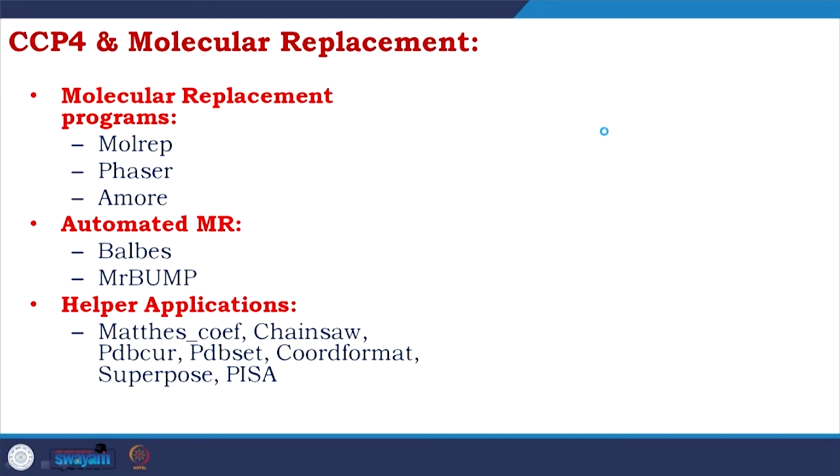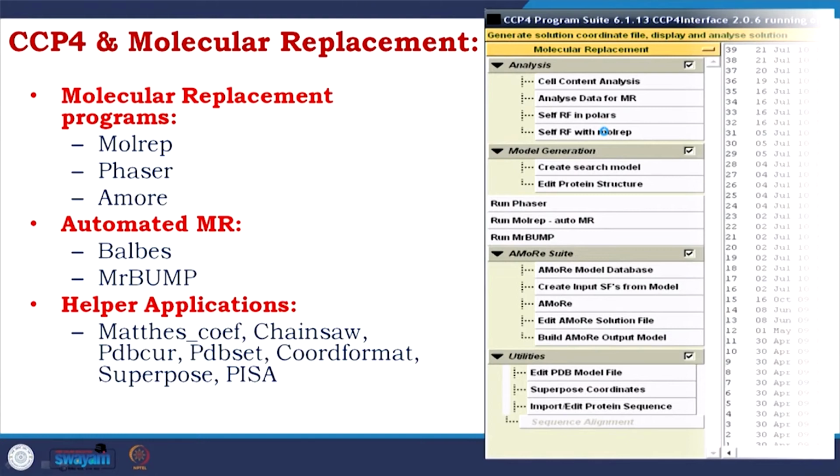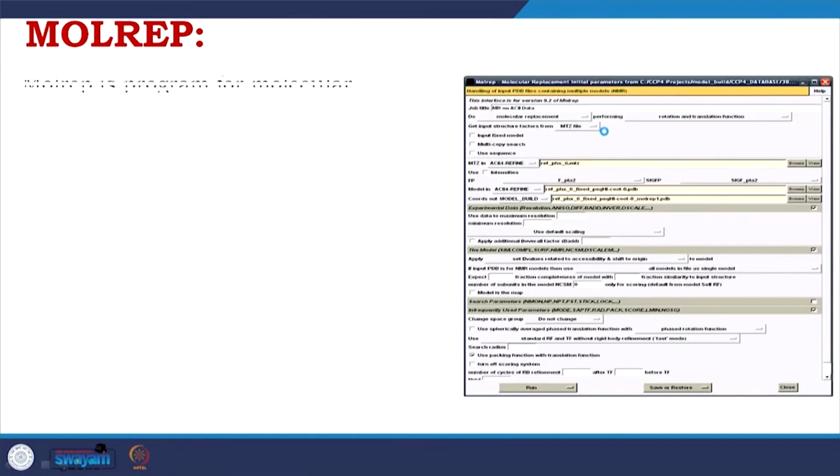Chainsaw, PDB cur, PDB set, coordconv, superpose, pizza. So, this is the CCP4 program suite. You could go and check whatever they have. They have categorized them in analysis, model generation, Amore suite, utility, and in those different categories.